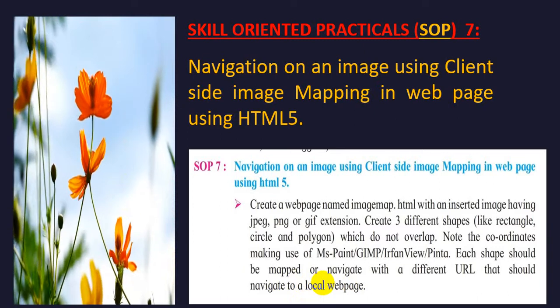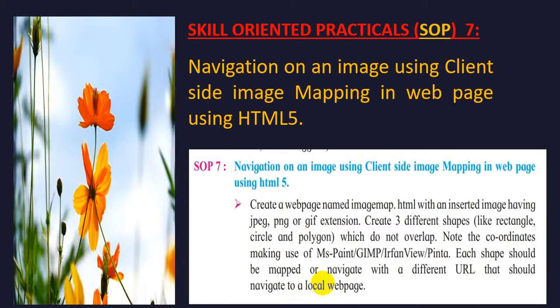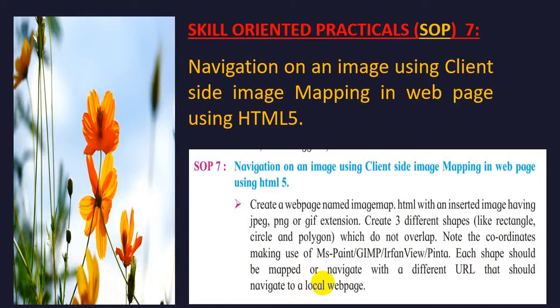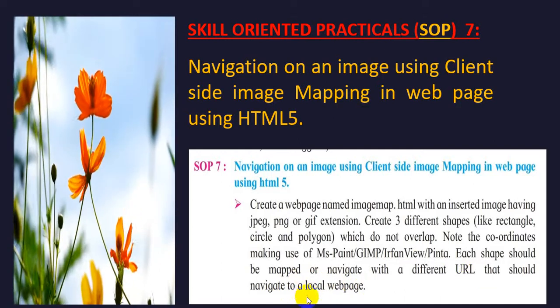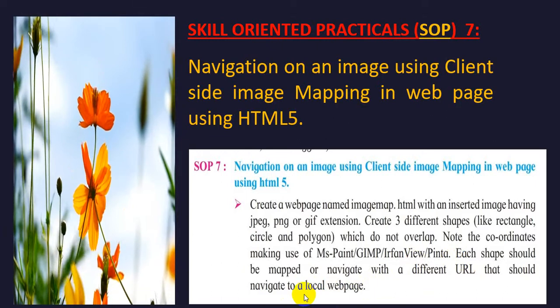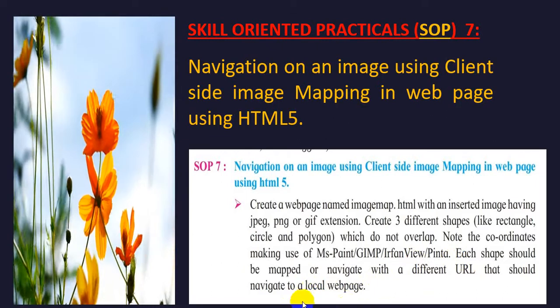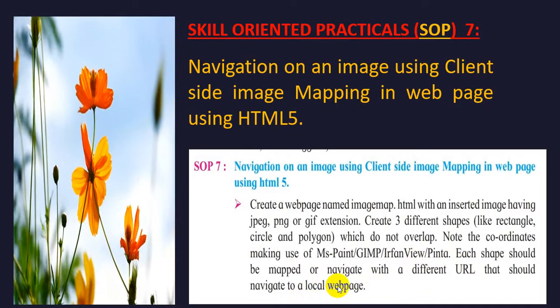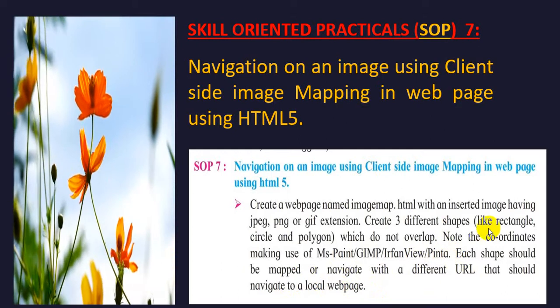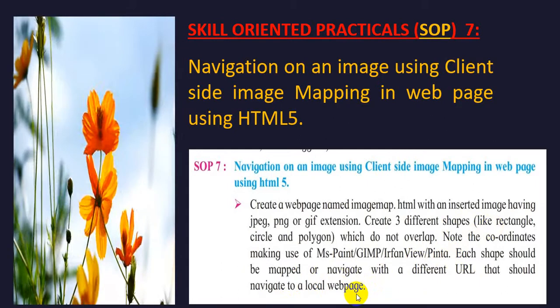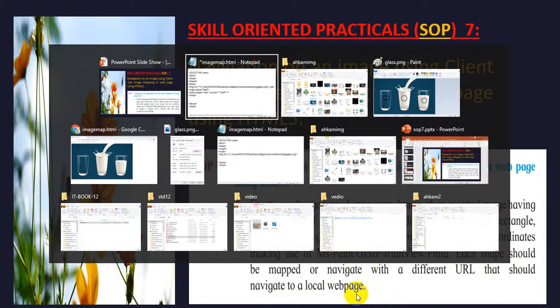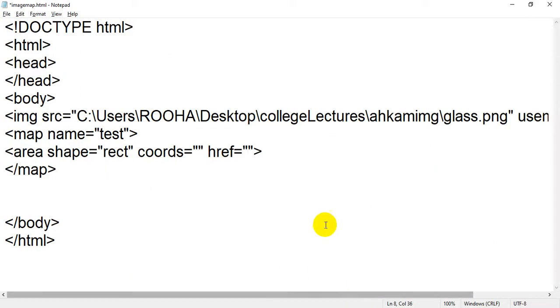It means you have to create three different HTML pages, save them on your local computer, and connect them by using image mapping with different shapes. Inside href you have to write the name of the HTML page which you want to open.